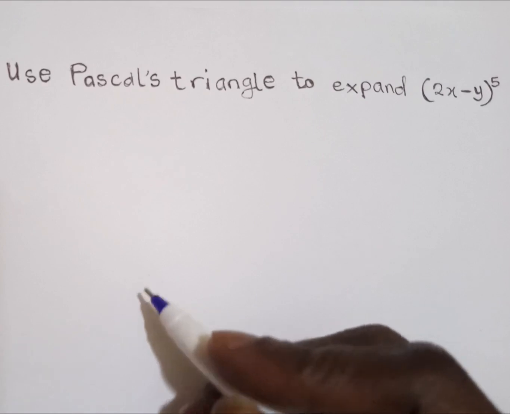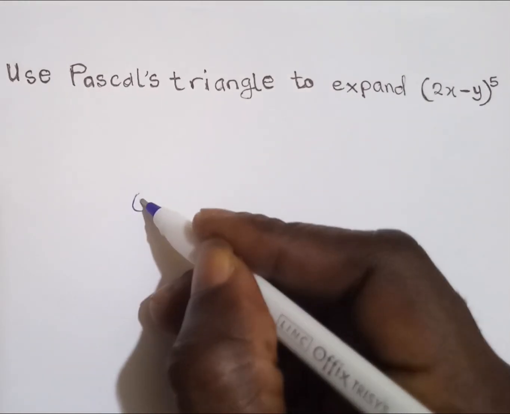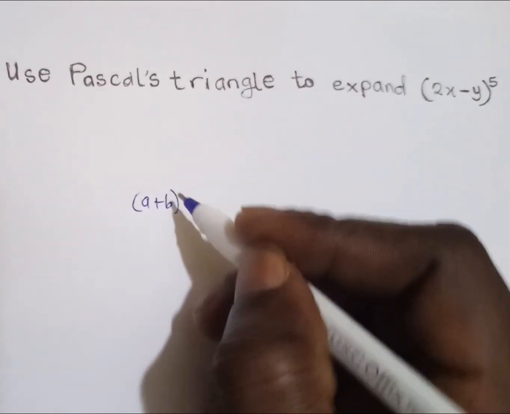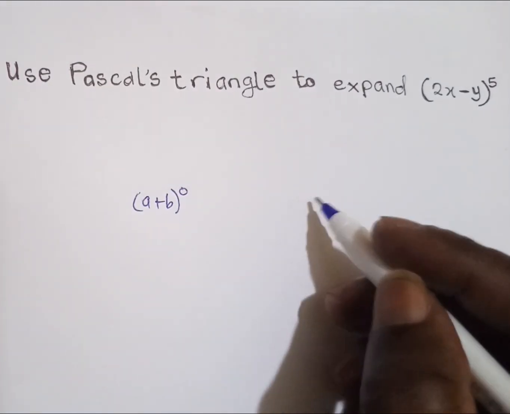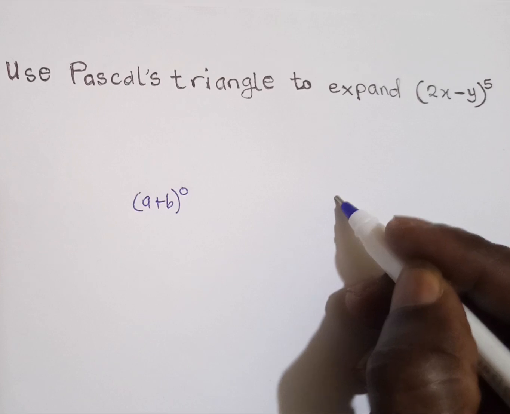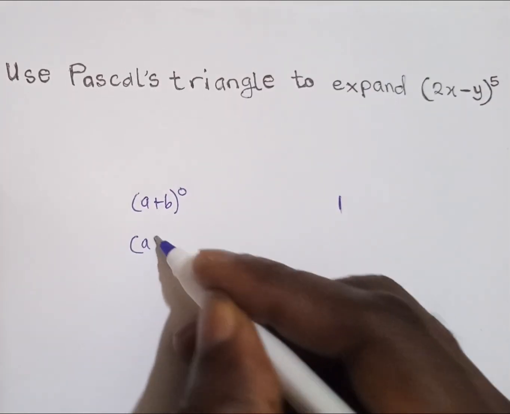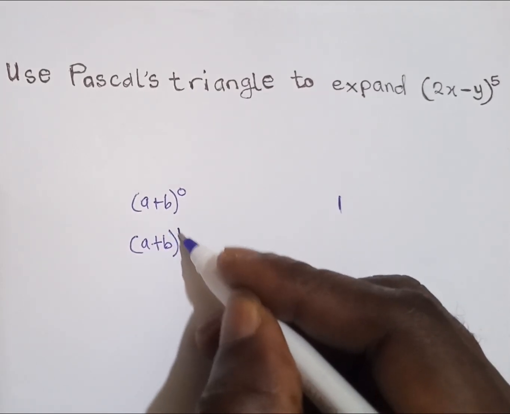So we start with (a + b) to the power of 0, and for the coefficient we got 1. Now let's look at (a + b) to 1.